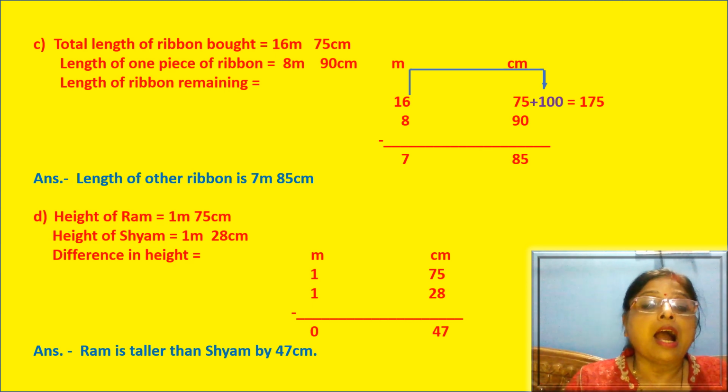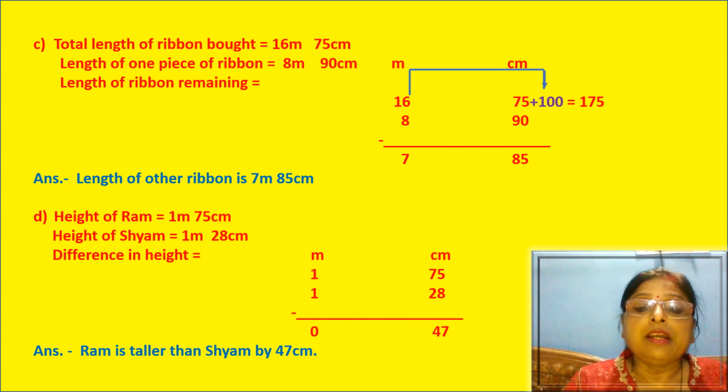Last question, the height of Ram is given here, 1 meter 75 centimeter. The height of Syam is 1 meter 28 centimeter. Obviously Ram is taller than Syam. How much taller? You have to find out by the method of subtraction.